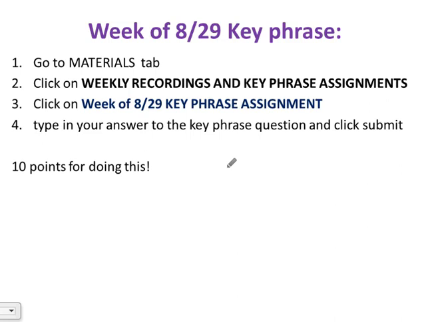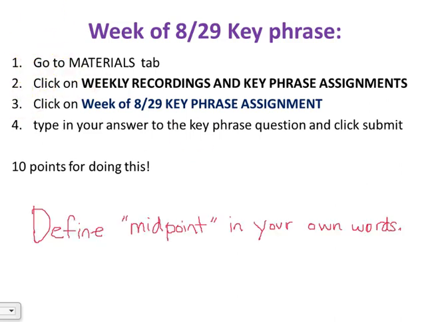Now it is time to complete the key phrase assignment to get your credit for watching this recording. So let me put that question up. We talked about midpoint again. What I want you to do is just define midpoint in your own words. The directions to complete the key phrase assignment are up above in case you forgot.